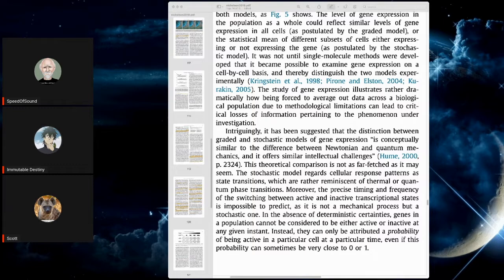Keep in mind that this is true with all experiments: whenever you have a sample, there's going to be some variance within the data that you obtain. Part of the issue, as this paper is pointing out, is that if you take large samples of cells, it's quite possible that there are outliers in terms of how much of something is being expressed, or whatever particular thing they're trying to study.